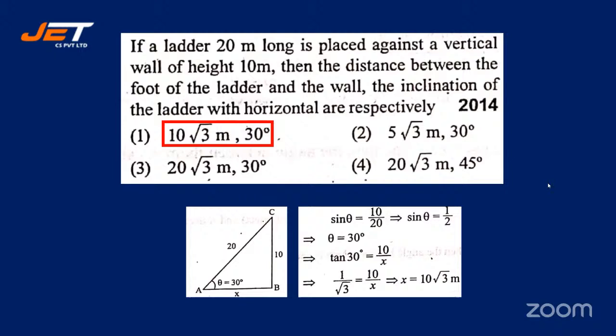Now we can take tan 30. Tan theta is opposite side by adjacent side, so it is 10 by x, and tan 30 is 1 by root 3. So 1 by root 3 is equal to 10 by x, which implies x is equal to 10 root 3 meters. Hope you have got the answer.